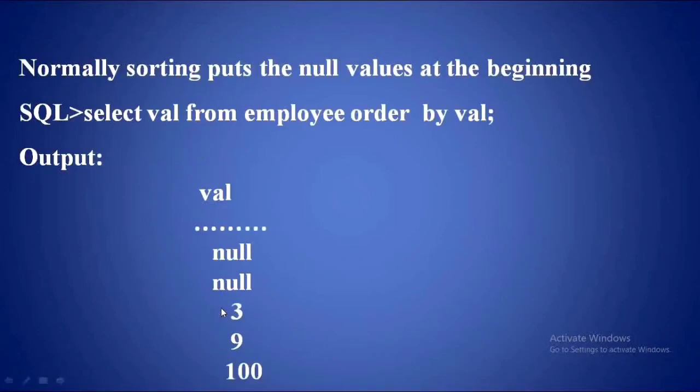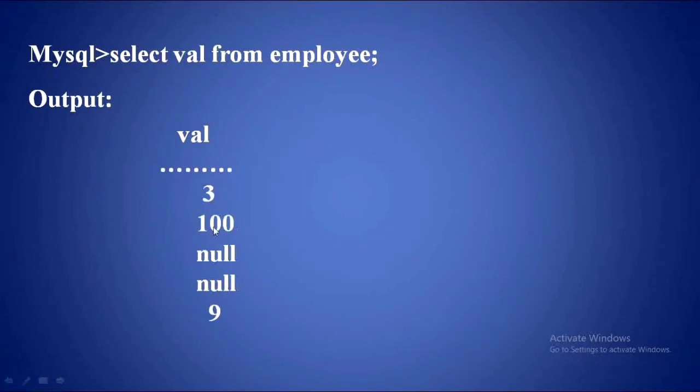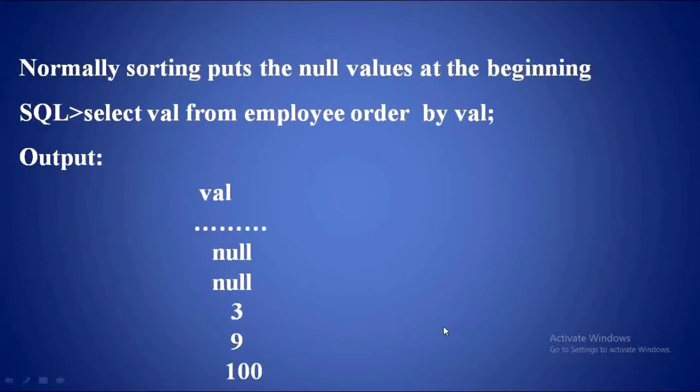Next. Normally sorting puts the null values at the beginning. The command is select value from employee order by value. This command is used to display the values, with null values first and then the digits.